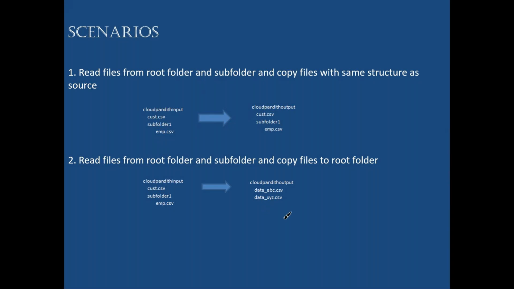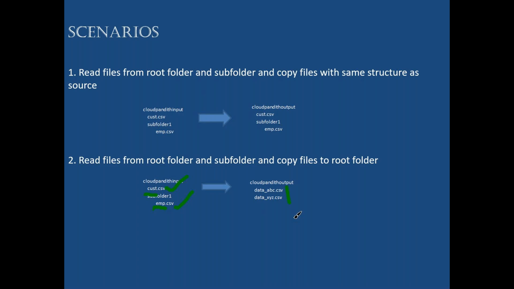Why is it renaming? The reason is, let's say this is a custom.csv. In this subfolder also you have a custom.csv. Now the requirement is it has to keep this custom.csv and this custom.csv in the single folder. When it is keeping them under a single folder, there is a conflict if the same file name comes.